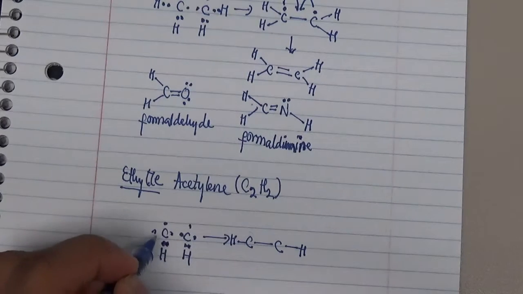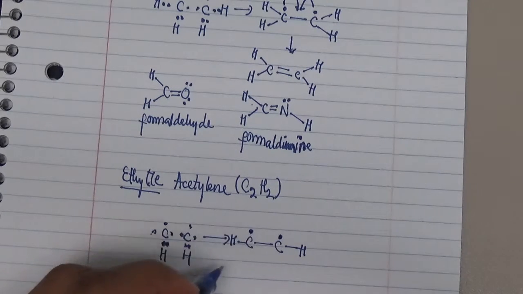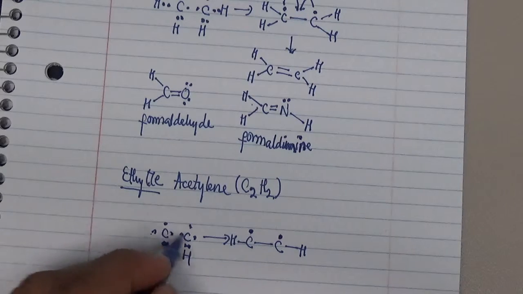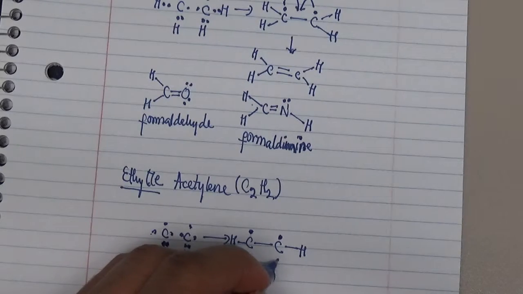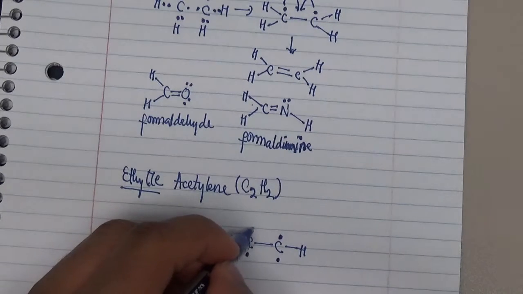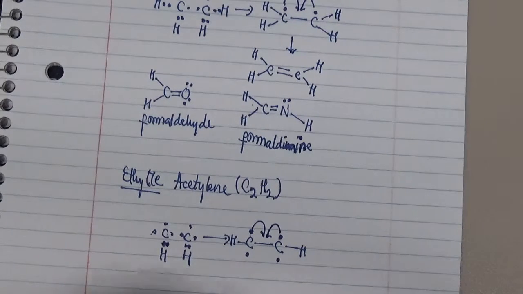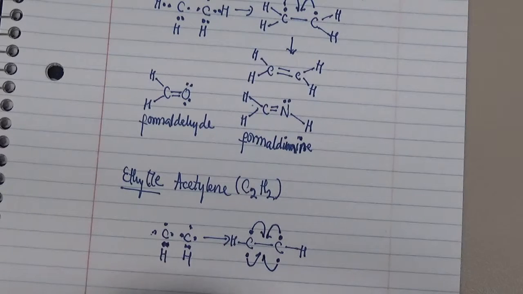What you're left with is 2 unpaired electrons on each carbon atom. Then you have an overlap of electrons over here and an overlap of electrons over here, thereby generating bonding pairs.